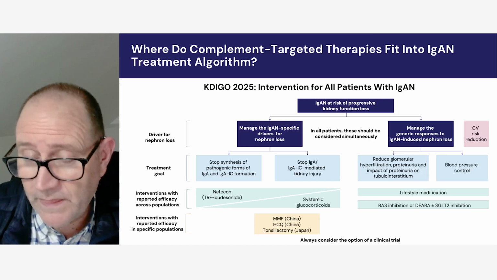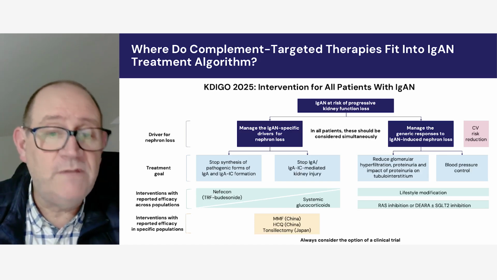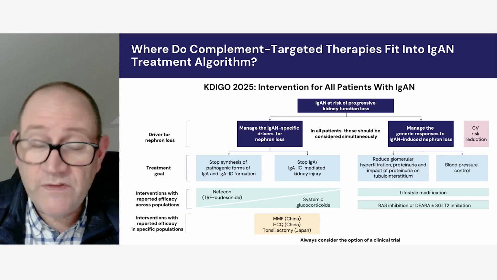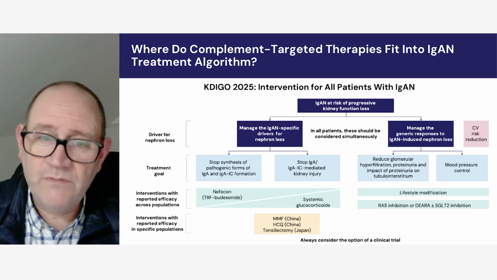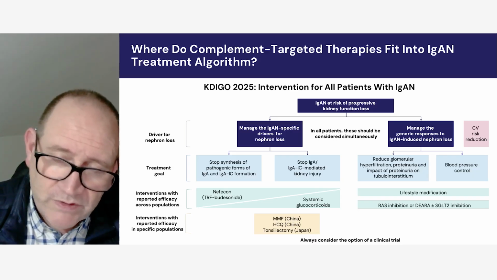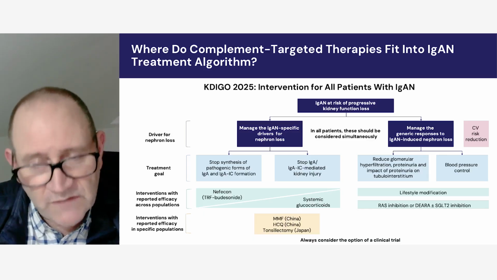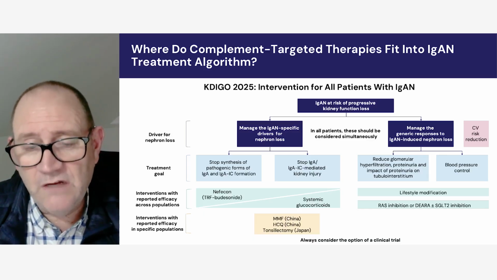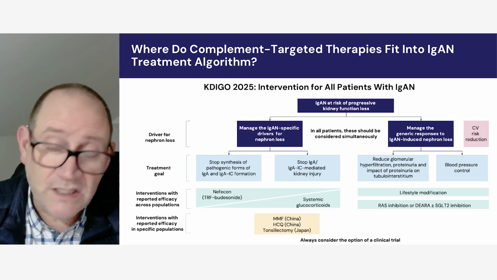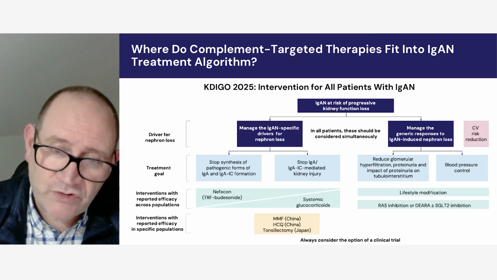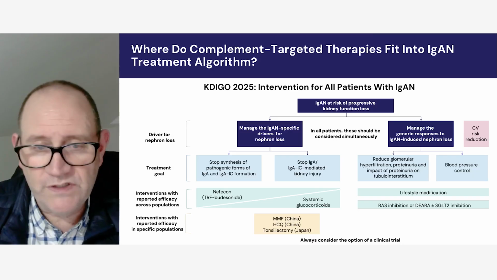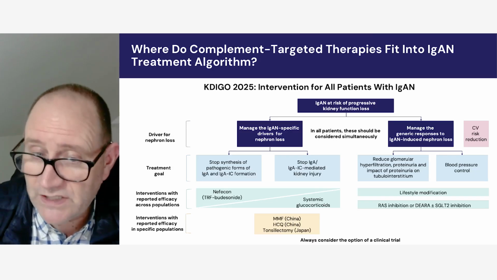And complement inhibitors very much lie within the left-hand side of this algorithm, within those treatments that target the specific pathogenic hits of IgA nephropathy, specifically targeting hit 4, those downstream inflammatory consequences of IgA immune complex deposition.